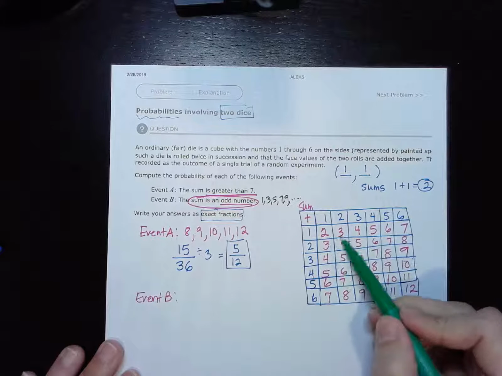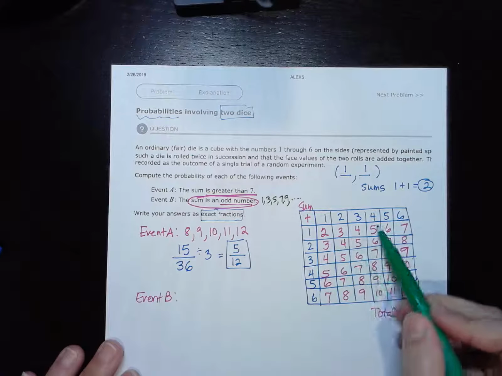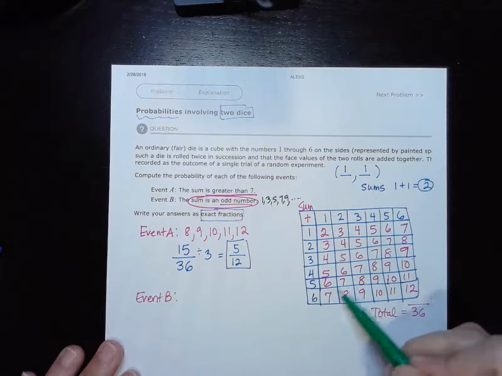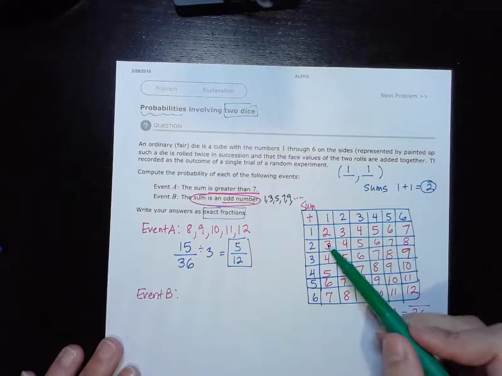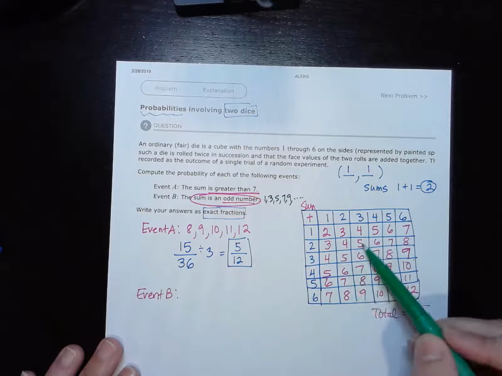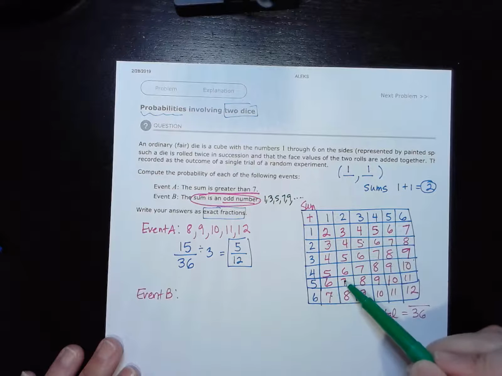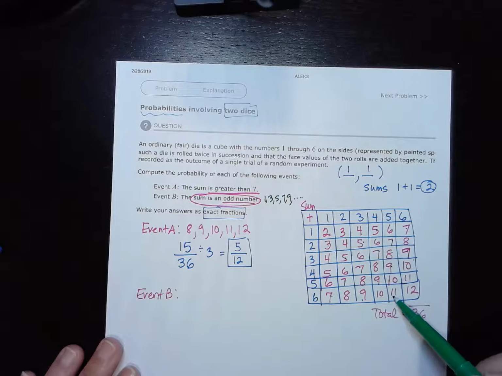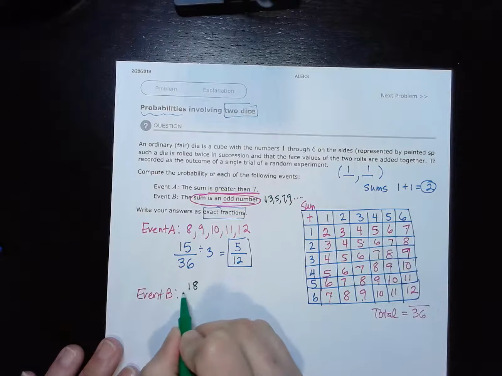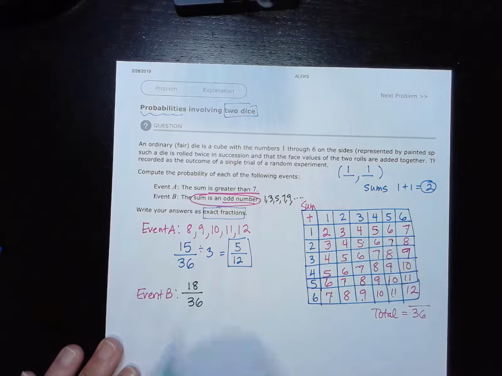So we would take the row of 3, that diagonal 5, the 7, the 9, and the 11, and we count those. So there's 1, 2, 3, 4, 5, 6, 7, 8, 9, 10, 11, 12, 13, 14, 15, 16, 17, 18. There are 18 odd sums out of the 36 sums.